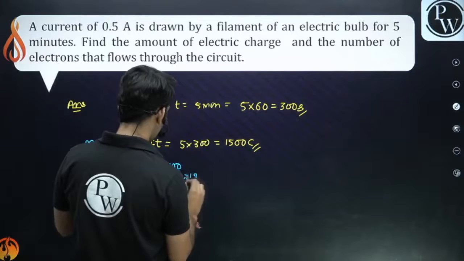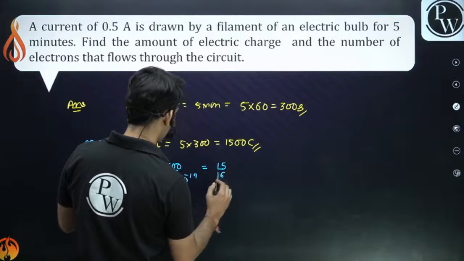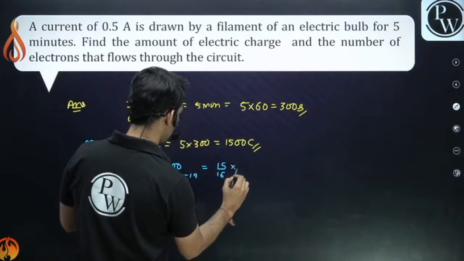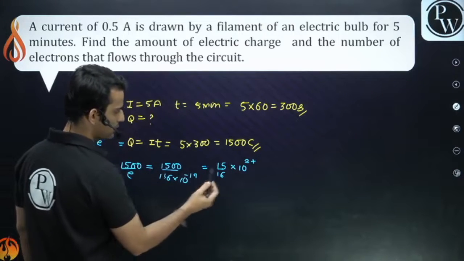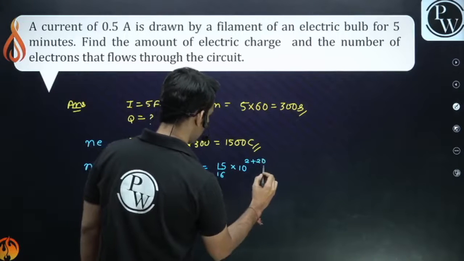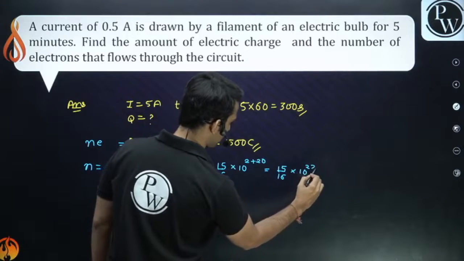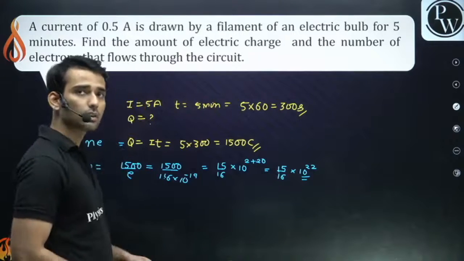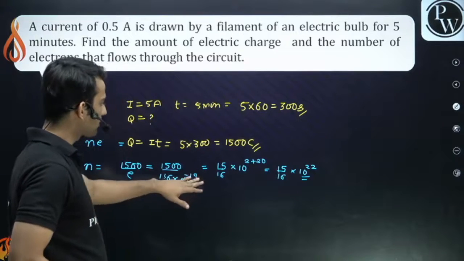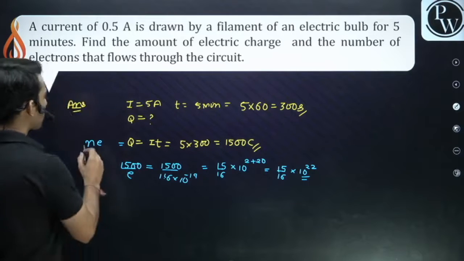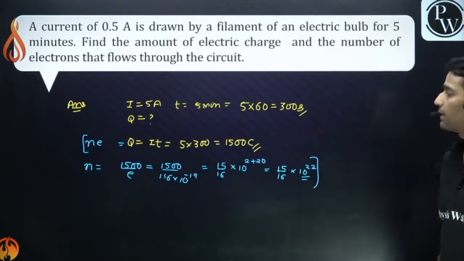So this would be 15 upon 16 into 10 raised to the power 20, which gives about 10 raised to the power 22 electrons. You can do it on your own. If you want to calculate the number of electrons, just use Q is equal to N into E.